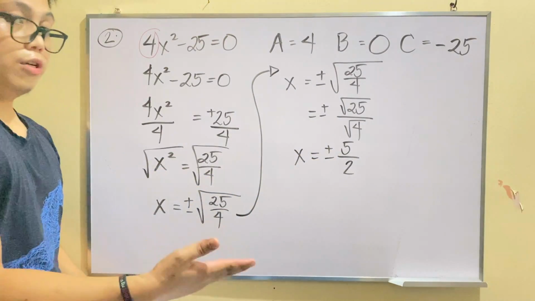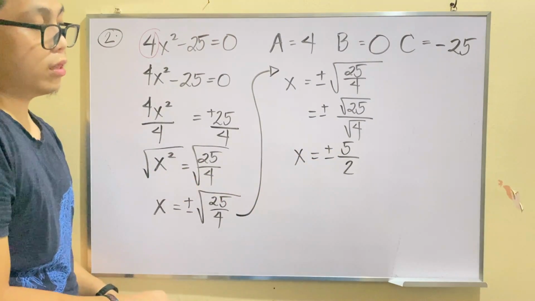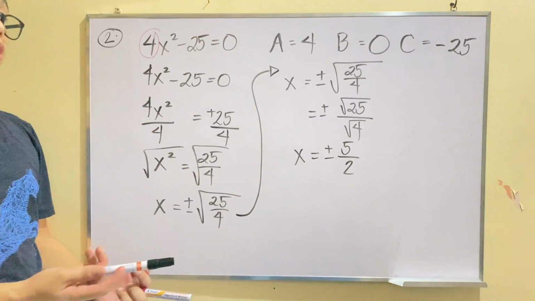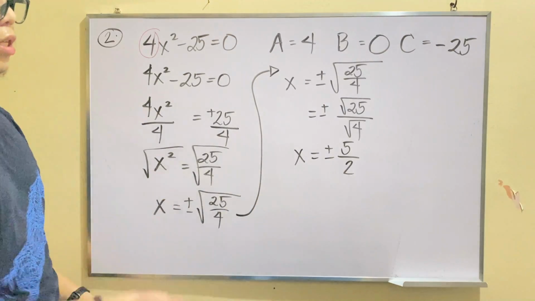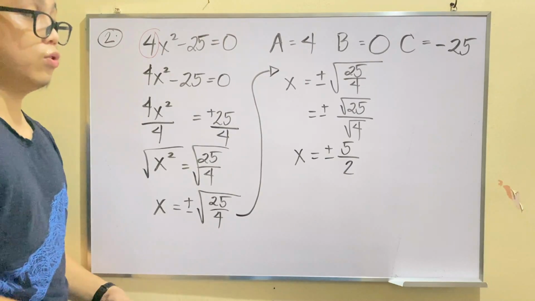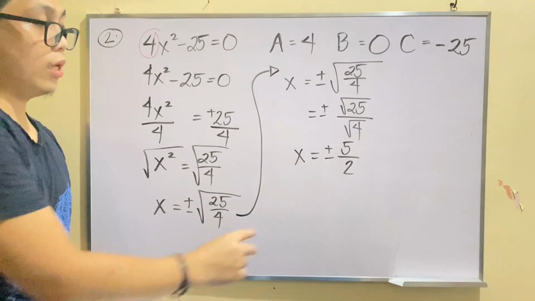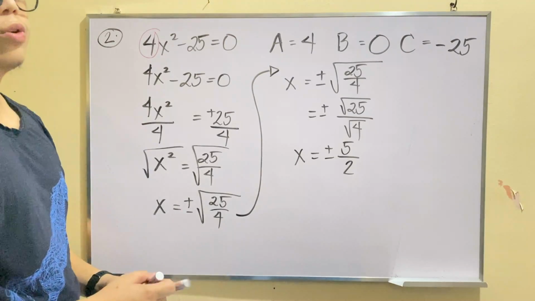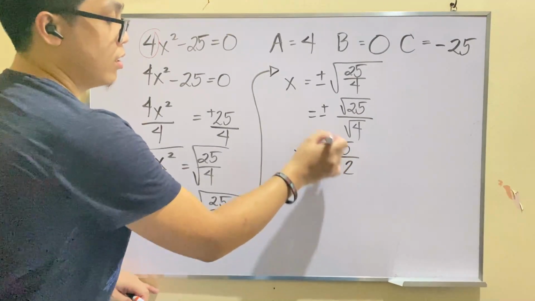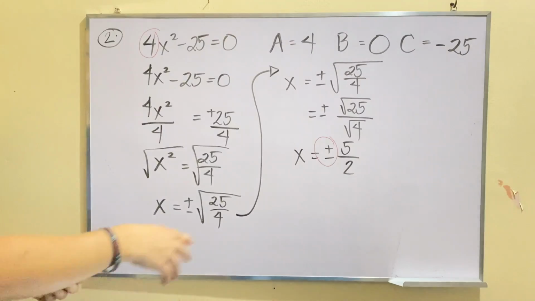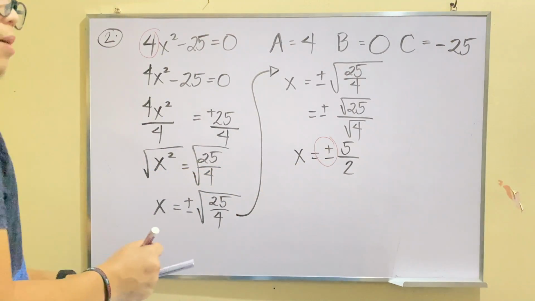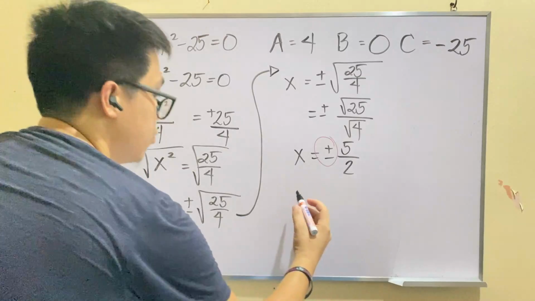So, sir, may iba magtatanong, sir, bakit naman isa lang yung nakuha nating roots? Eh, di ba? Sinabi nyo kanina doon sa discriminant, greater than 0 siya. Dapat meron tayong 2 distinct roots. Bakit dito 5 over 2 lang yung nakikita namin? So, dyan pumapasok yung kahalagahan ng sign. So, meron tayong positive and meron tayong negative. So, kaya meron tayong 2 distinct roots.